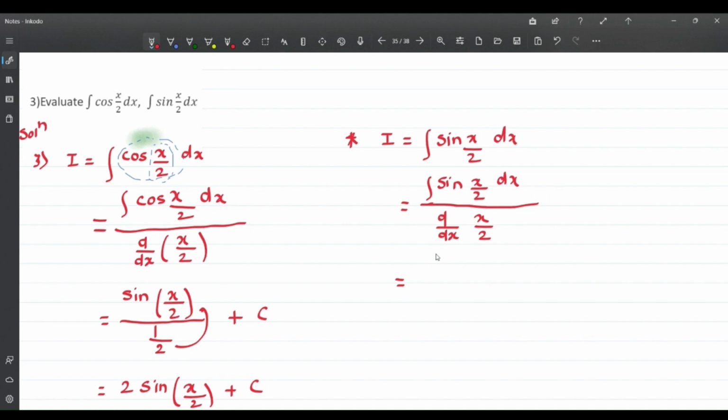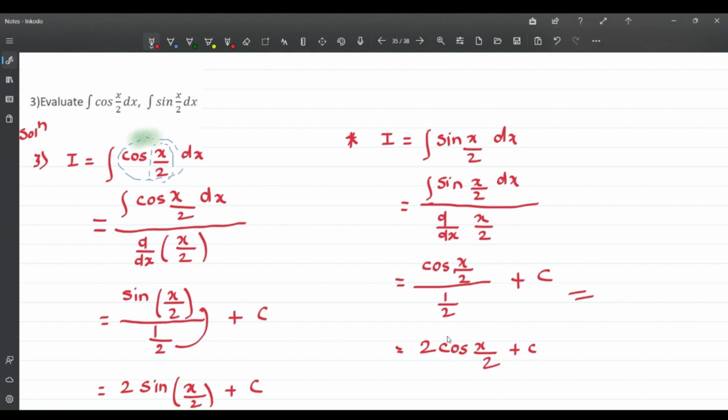So the integration of sin x by 2 is cos x by 2, divided by the derivative of x with respect to x, which is 1, divided by 2, which is a constant and stays as it is, plus c. This divide becomes multiply, that is 2 cos x by 2 plus c. You can see here that the integration of sine is cos divided by the coefficient of x, that is 1 by 2, plus c.